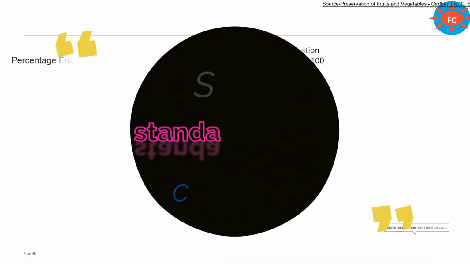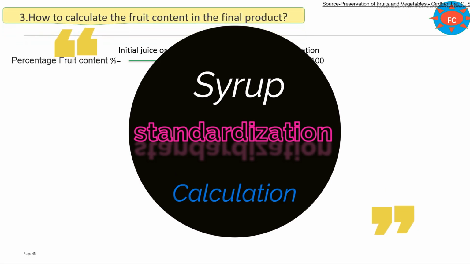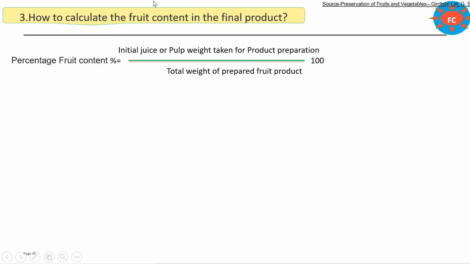How to calculate the fruit content in the final product? For the standardization of the product, where fruit content requirement is at least 25%, we can use a simple formula: the quantity of initial juice or pulp taken for the preparation of the product, divided by the total weight of the final product, into 100, gives directly the percentage of fruit content in the final product.